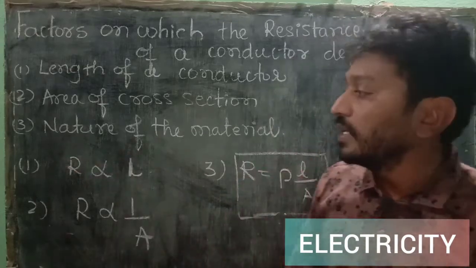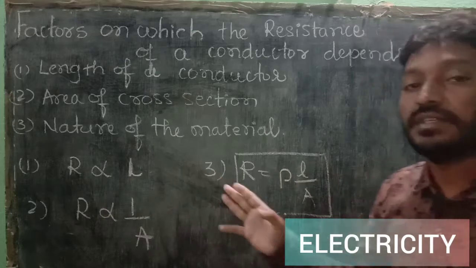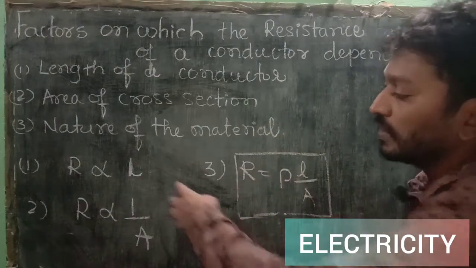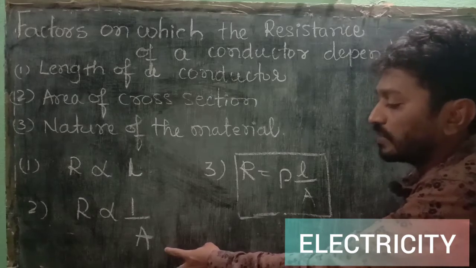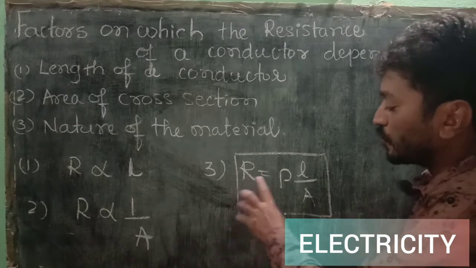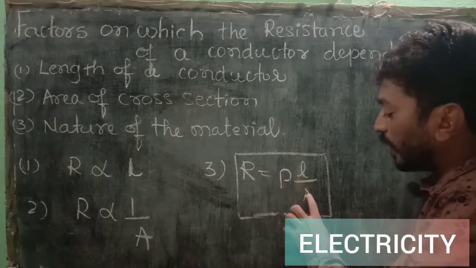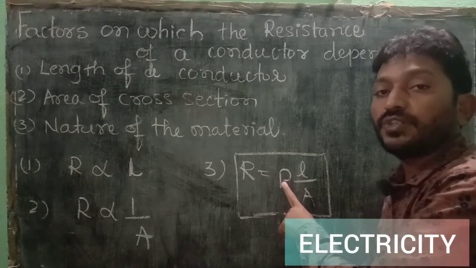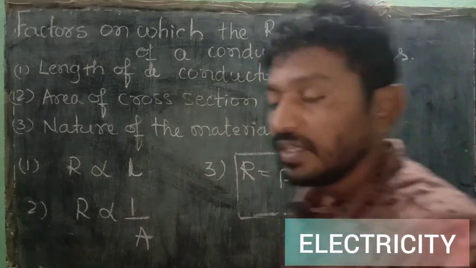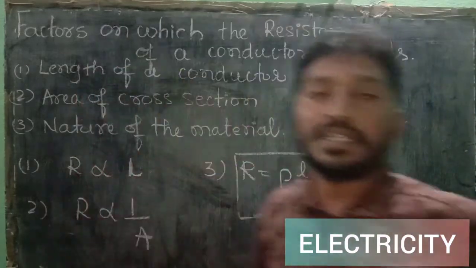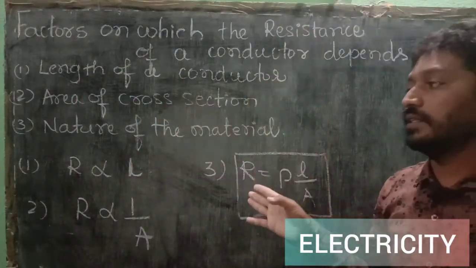That is why resistance depends upon the length of the conductor as well as the area of cross section. Therefore R equals rho into L by A. Here rho means the proportionality constant.